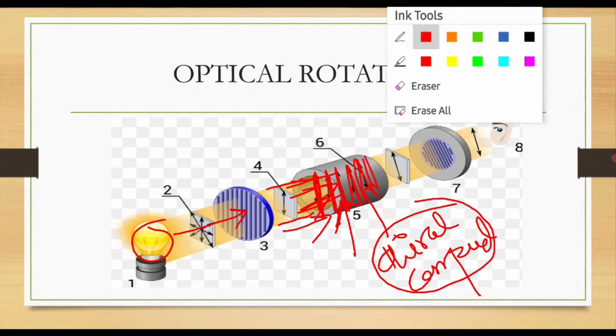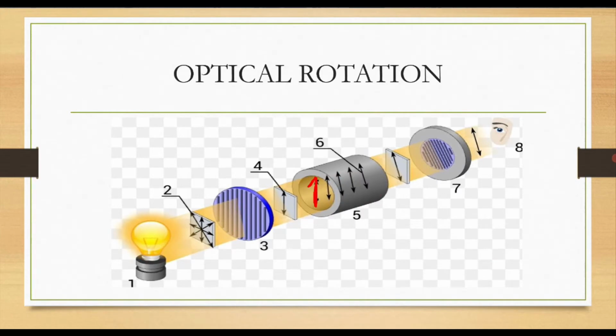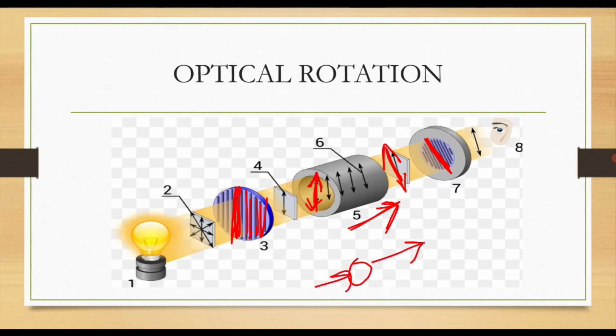You can see here, this was the plane when it enters the tube where there is a chiral compound, and when it passes through the chiral compound and leaves the tube, the plane is oriented in this way. So overall you can see that the plane has rotated either clockwise or anti-clockwise. It was this plane, and after that it is this plane. So it is the property of a chiral compound that if plane polarized light falls on it, then the plane rotates either clockwise or anti-clockwise.